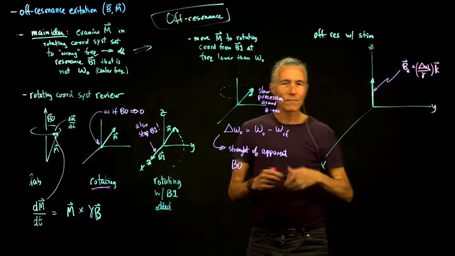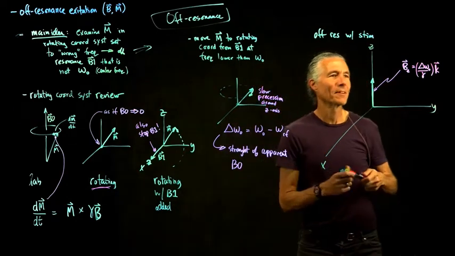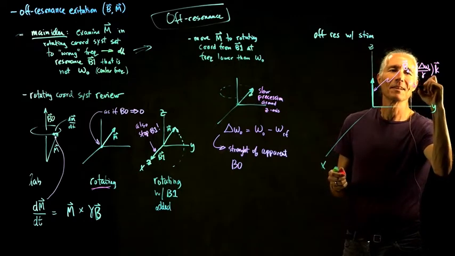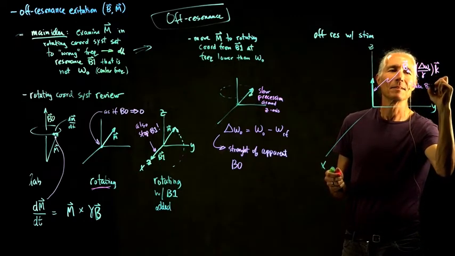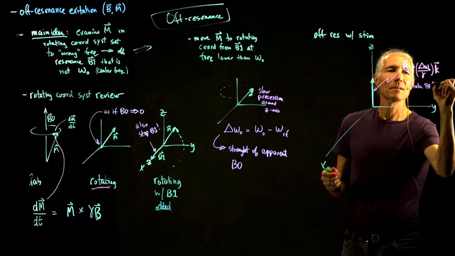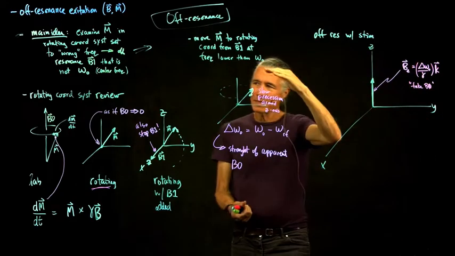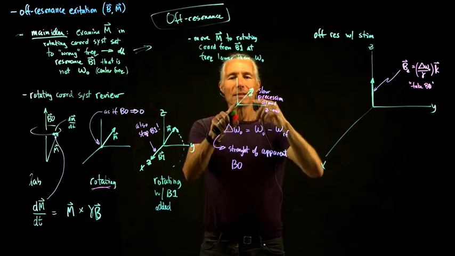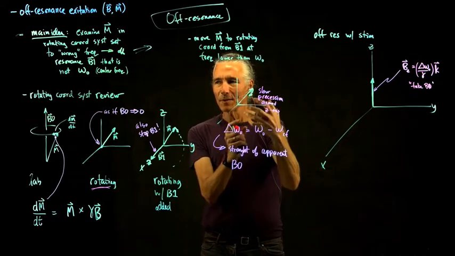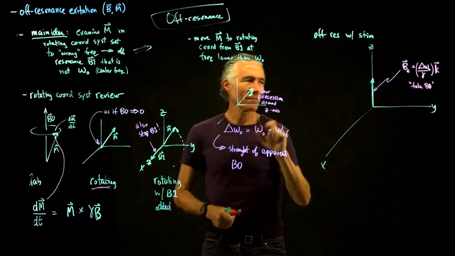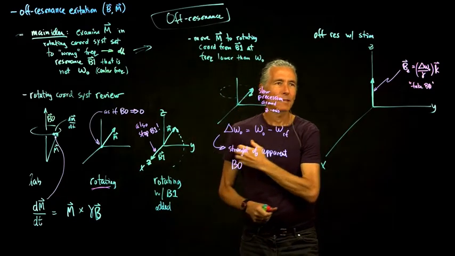So that's our fake B0. In real life there's a really big B0, but we went to the rotating coordinate system and then we set the frequency off, and so now it appears that we have a small B0, this extra B0.